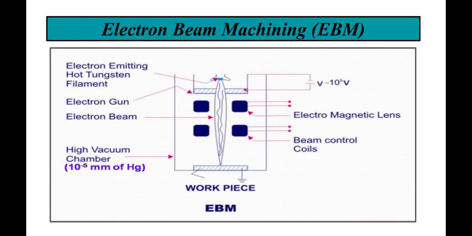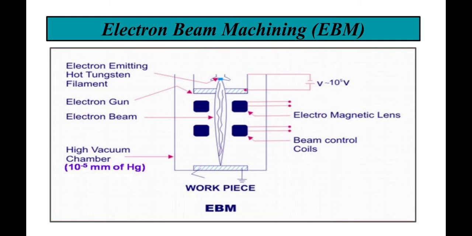Okay, now this is a very interesting process, electron beam machining. I have shown here in this diagram micro holes being made.